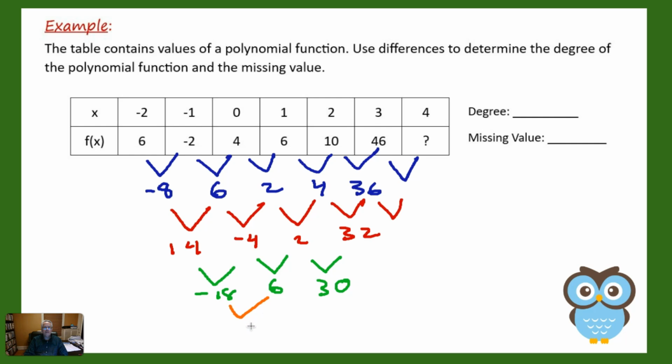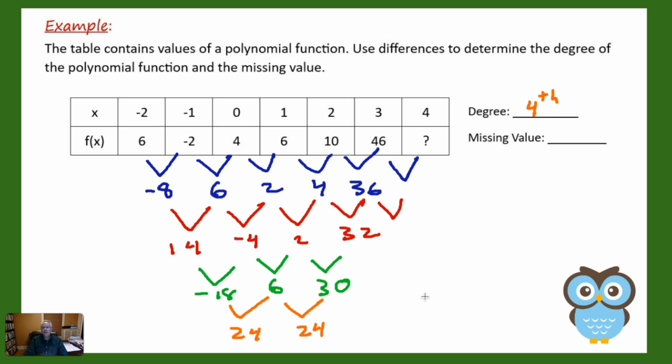So when I take the differences here, 6 minus a negative 18 is 24. And let me see, 30 minus 6 is 24. Oh, finally, we see that the fourth differences are constant. Well, that tells me that this is a fourth degree polynomial.